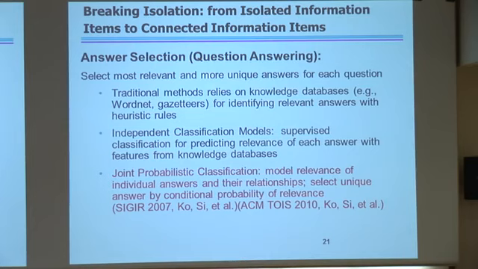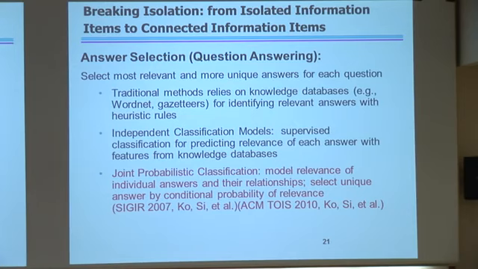So let's look at these 3 problems and our corresponding approach for addressing these issues in real-world information retrieval applications. The first one is answer selection in question answering. There has been some valuable previous research on this topic.